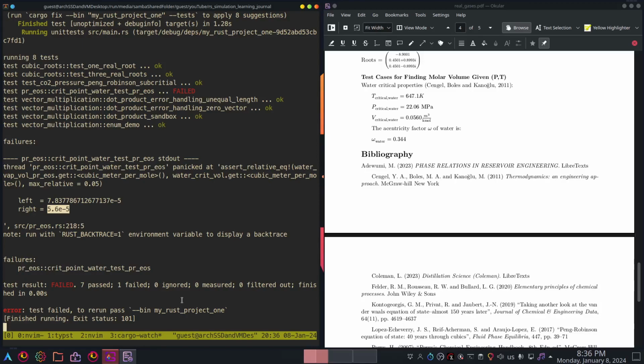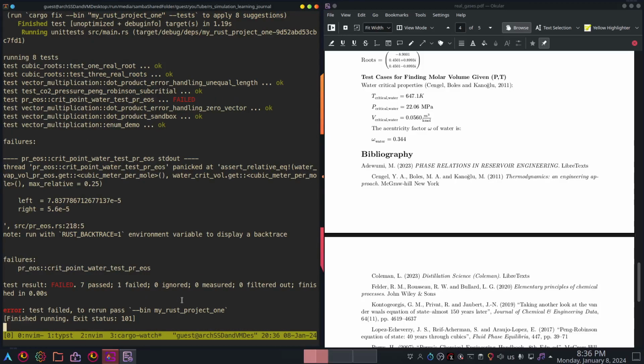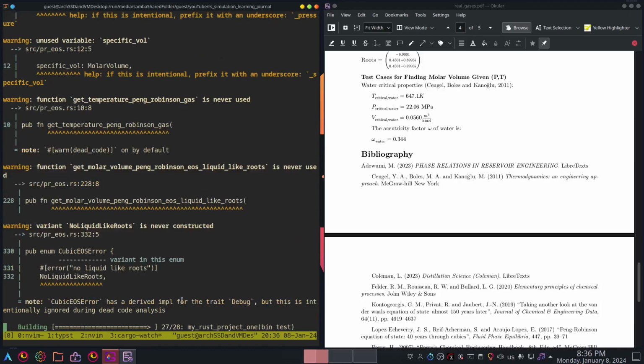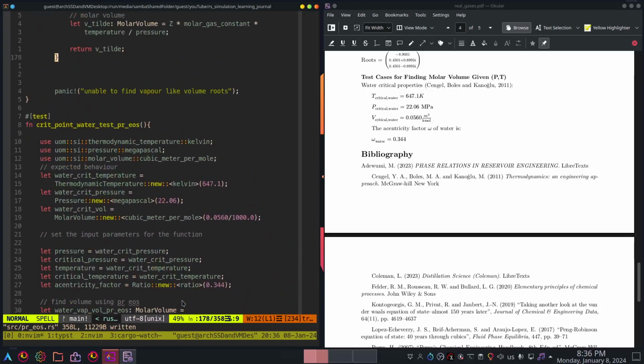Okay, so not great, not terrible. Maybe I'll just put 25%. Maybe that will work. So it still doesn't match to within 25%. Let's do 30. Okay, so there is some deviation, but it matches to within 30%.